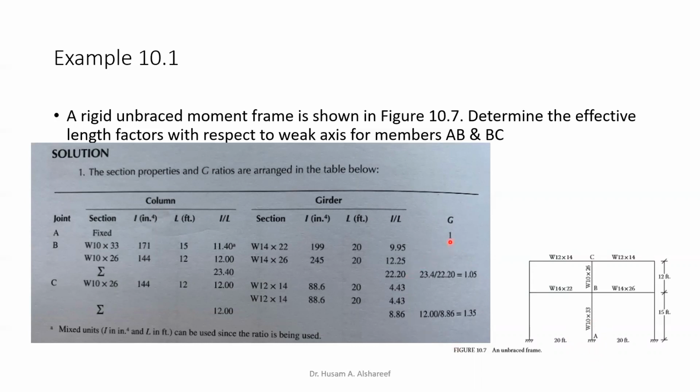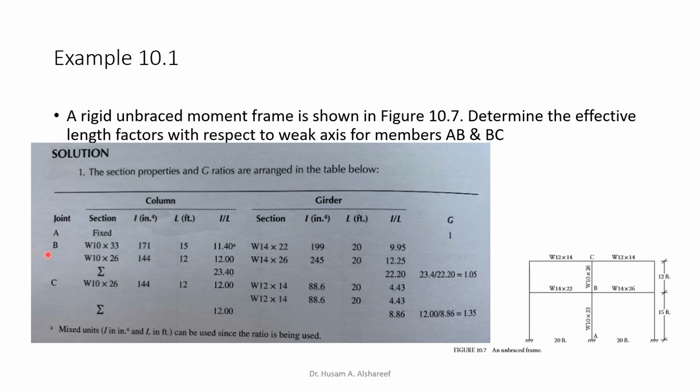The way we solve this problem is in 3 steps. The first step is to break down the building into columns and girders. So joint A is fixed, and your G is 1. No question about it.